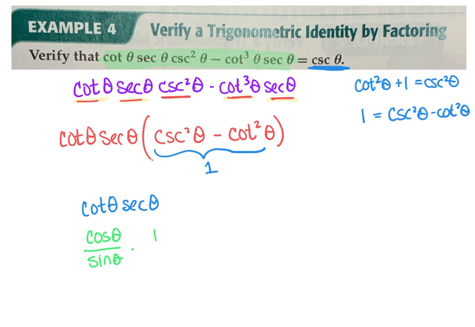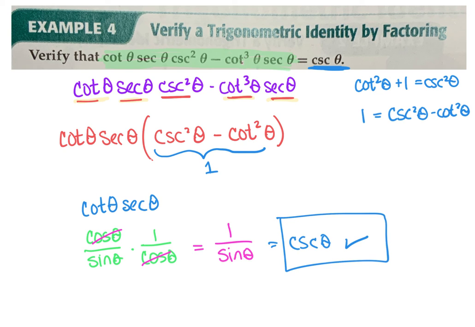Those are opposite, by the way, of how your brain would want to do them. 1 over cosine. Now, what can I do? I'm multiplying fractions. I can cross cancel, can't I? So my cosine and my cosine will cross cancel, and I end up with 1 over sine of theta, which equals cosecant. We are done. We have proven it.